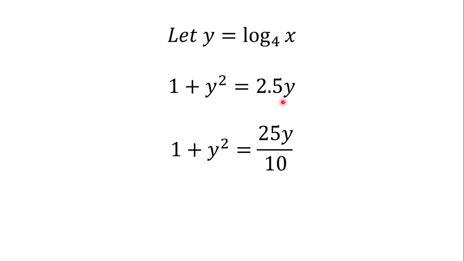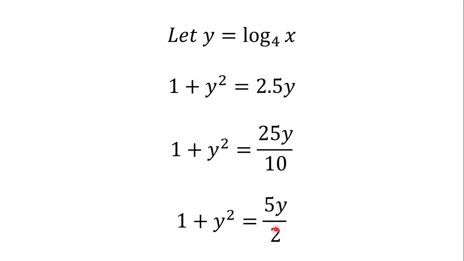But because we don't want to do that, I changed this to this form, so that when we convert it back, we get this out easily. So 25 over 10, 5 goes into 25 five times and into 10 twice. So it's going to give us (1 plus y) squared is equal to 5y over 2.